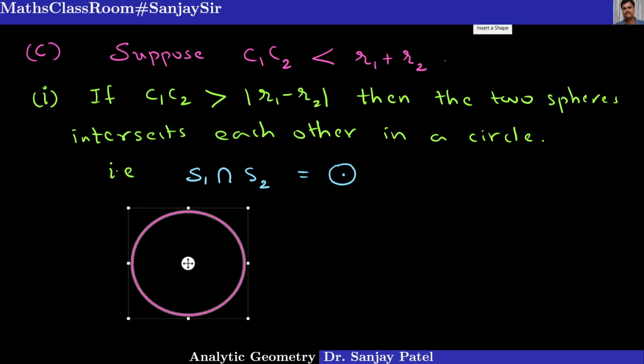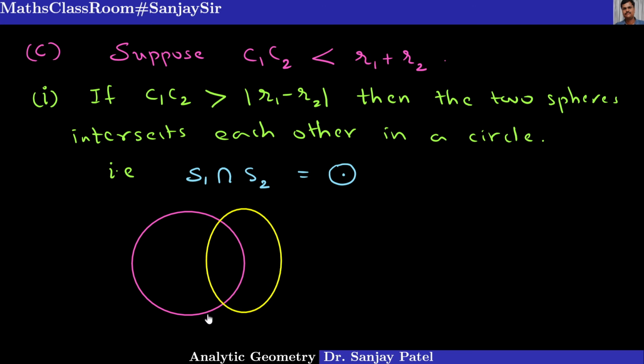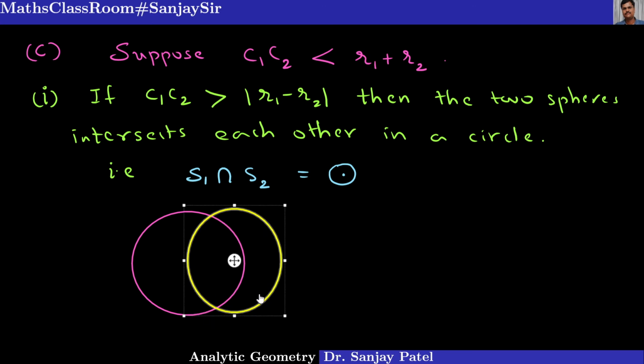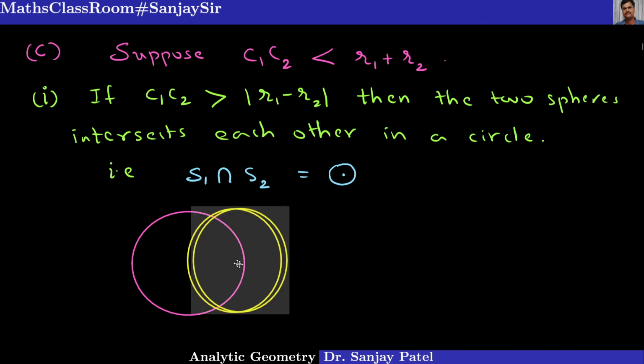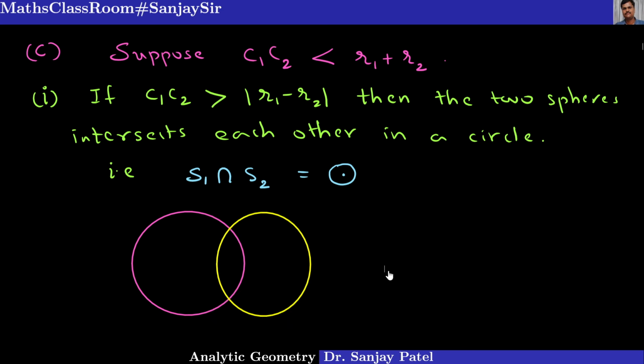Let me take a second sphere which is intersecting the first sphere like this. So this is the situation in this case. Let me write down, this is the first sphere S1, this is S2.